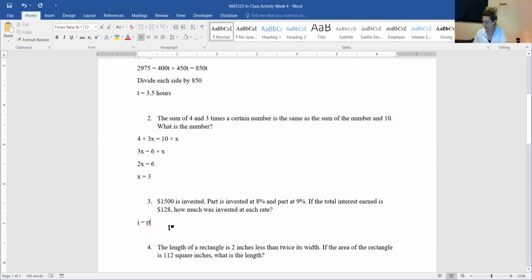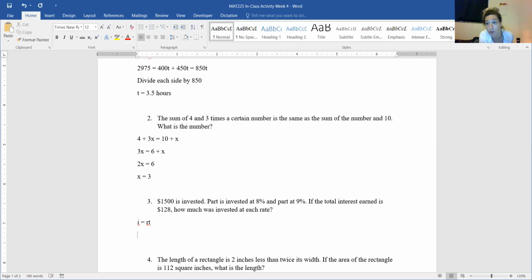So you'd be using the interest earned as the rate times the amount of time. 1,500 is invested, but part is invested at 8% and part is invested at 9%. So you would make two problems out of this.